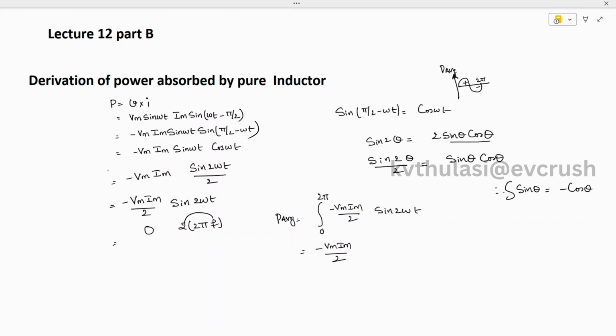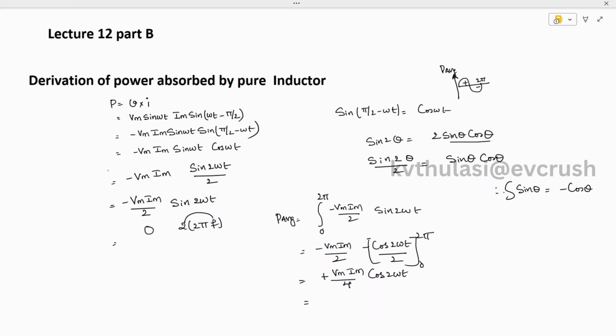So the integral of sin gives minus cos 2 omega t divided by 2. Minus into minus is plus, so you get Vm Im divided by 4 into cos 2 omega t, with limits from 0 to 2 pi.